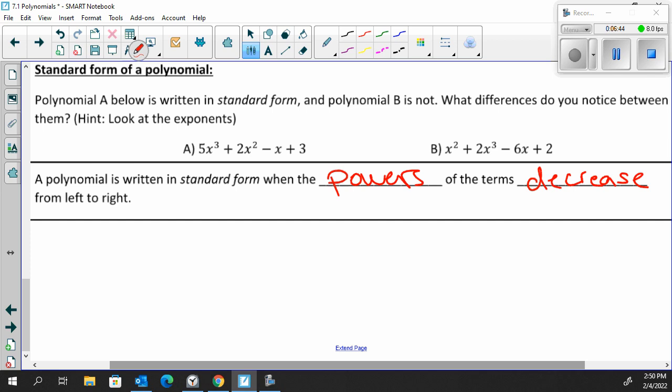So this one is in standard form. This one is not. Can you tell me why? Well, there's numbers attached to the exponents in both of them.